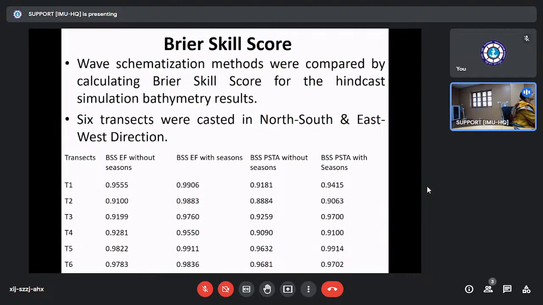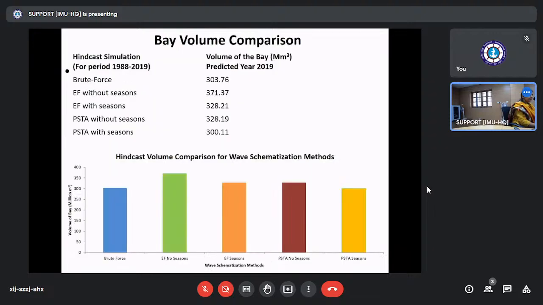Thereafter, the results were compared using Breyer's skill score. Six transects were cast, and the BSS scores are presented in this table. Thereafter, volume of the bay was compared with a brute force simulation, where it was found that the potential sediment transport approach with seasons is very near to the brute force simulation results.